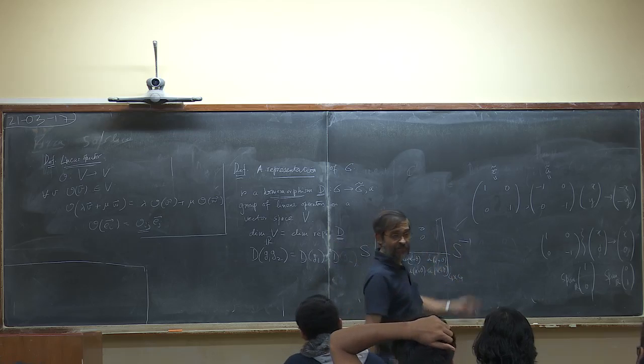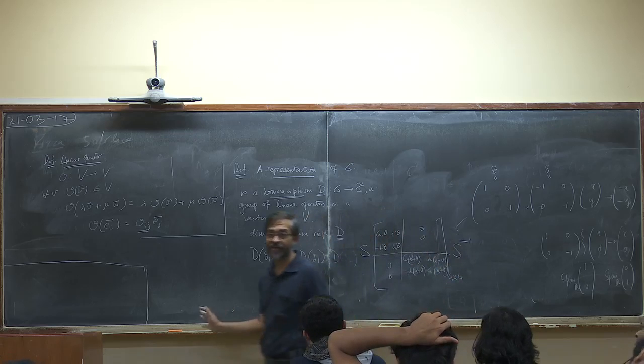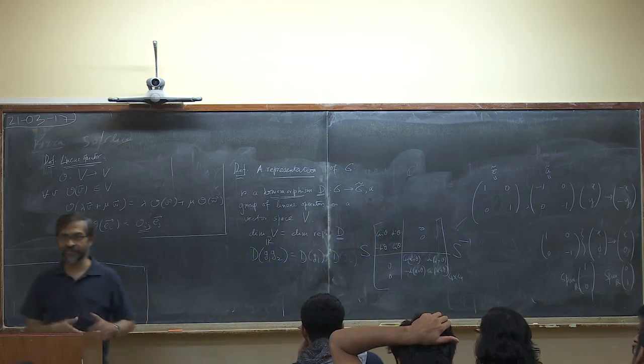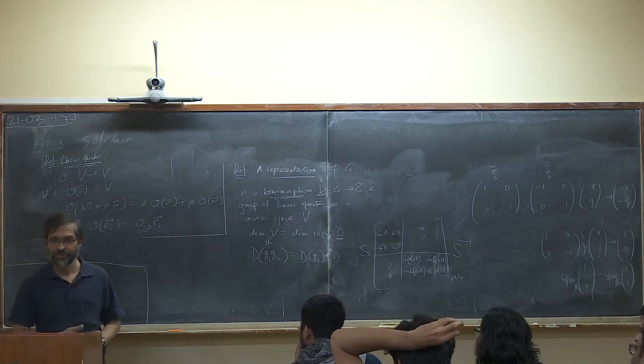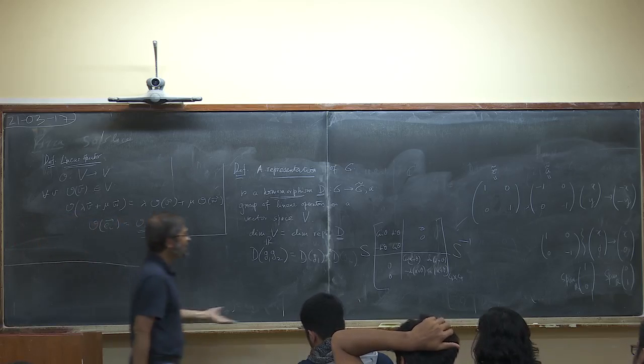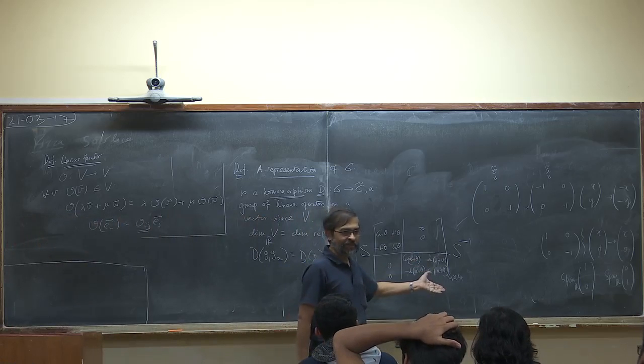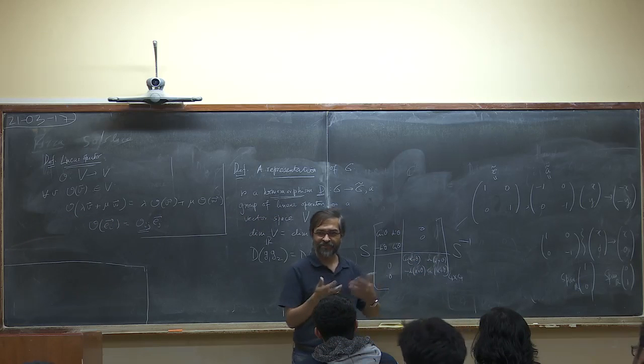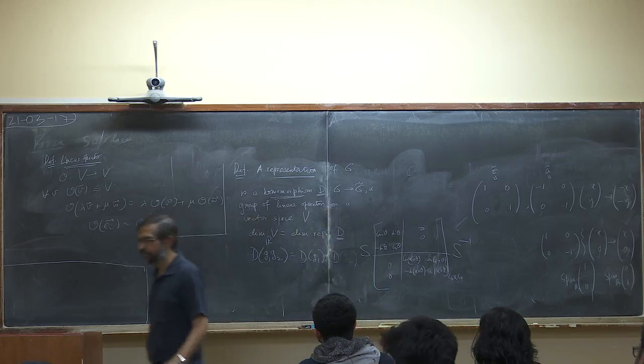Some 4x4 similarity transformation, so that it's completely unrecognizable. Okay, and you might think that it's an irreducible representation, obviously polynomial, okay, will be factorizable in a particular way.